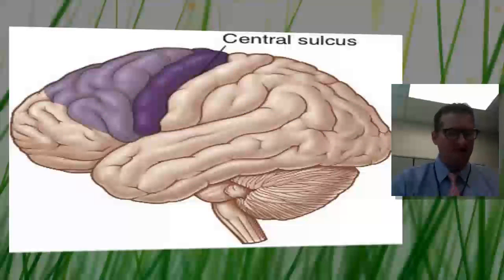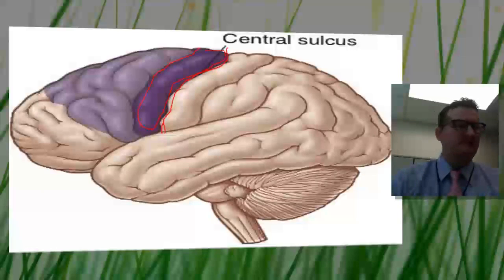The primary somatic motor area is the precentral gyrus. So again, you have the central sulcus or fissure here, and this is the precentral gyrus here. This is the primary motor area.